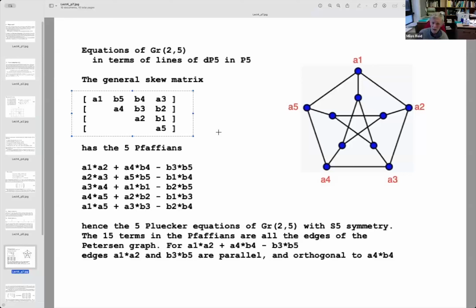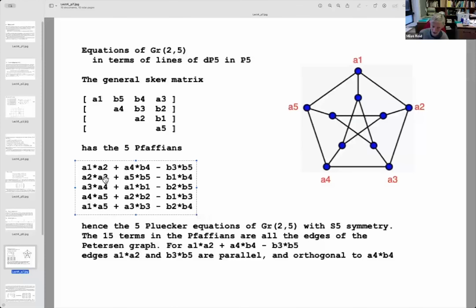When I make Pfaffians, remember the formula for a Pfaffian is entry 1,2 times 3,4 minus entry 1,3 times 2,4, and then plus the other one, 1,4 times 2,3.